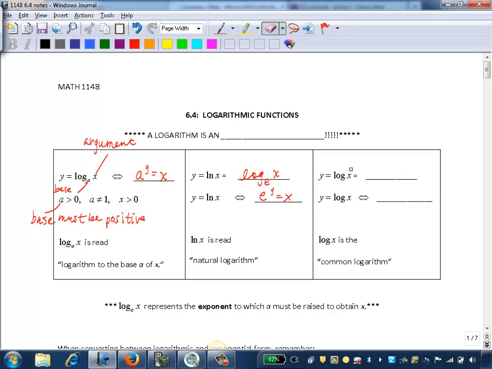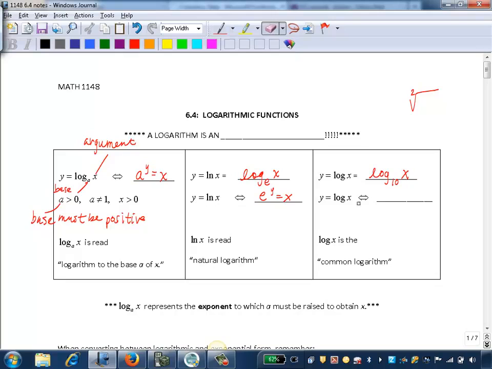Then if we see a logarithm with no base written in like this, y equals log of x, this is called the common logarithm, and we assume that it has a base 10. So this is a log base 10. So if you don't see one written in, you know it's base 10. It's just like if you have a radical with no index written in, we assume that's a square root.